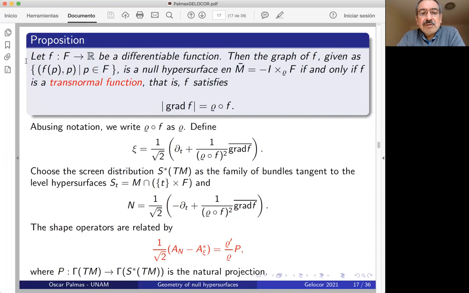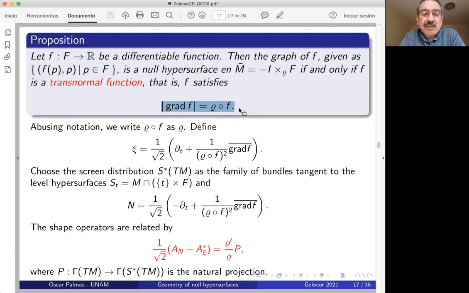A null hypersurface can always be seen as a graph of a function in this space, and we have this maybe well-known result that this is a null hypersurface if the function f satisfies this kind of equation.